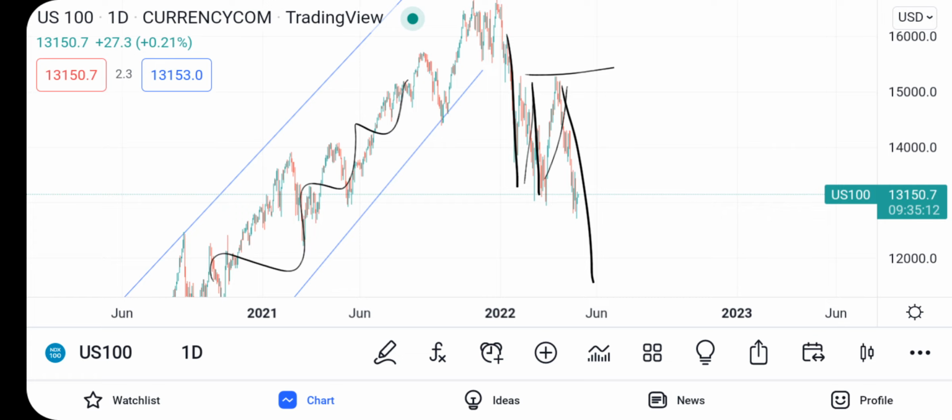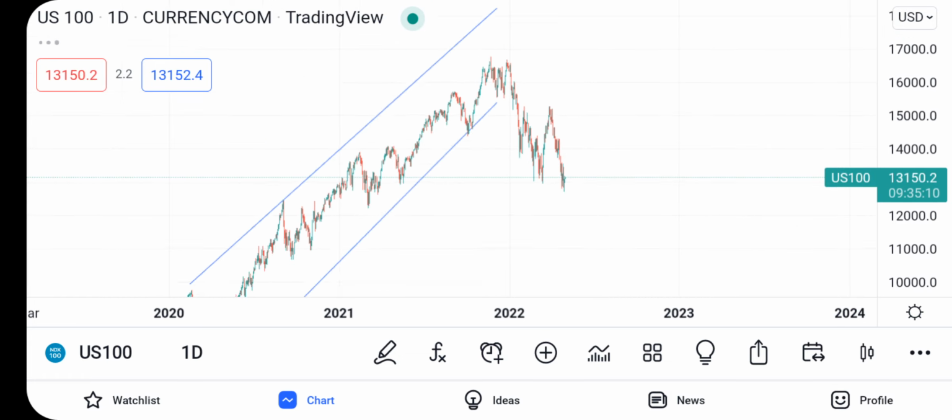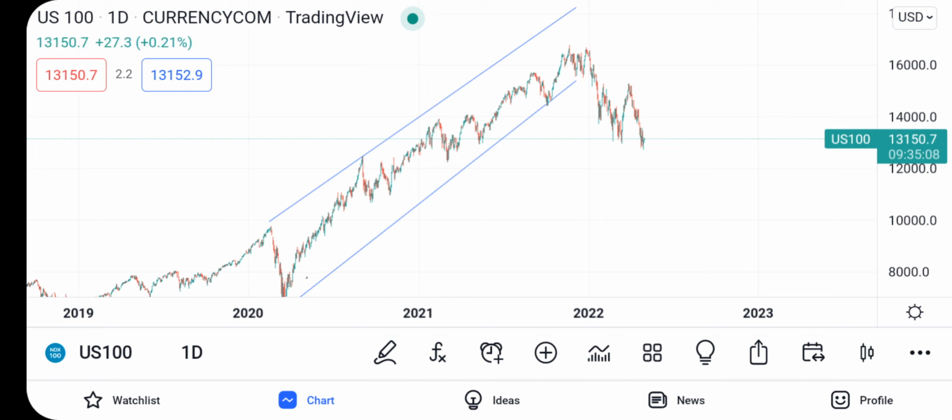Let me just do it for you. Ascending channel, first sell signal, head and shoulders there. Let me change the color so that they can see accordingly. Ascending channel there, ascending channel here.